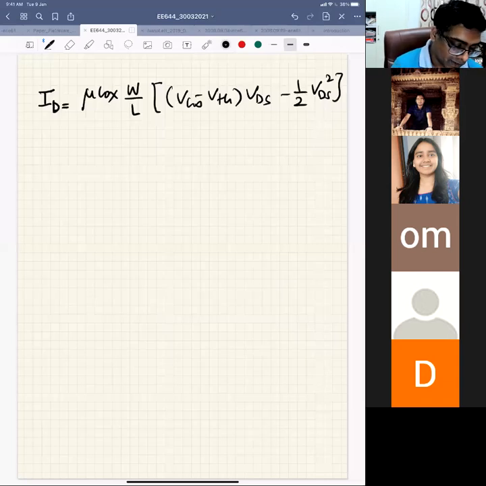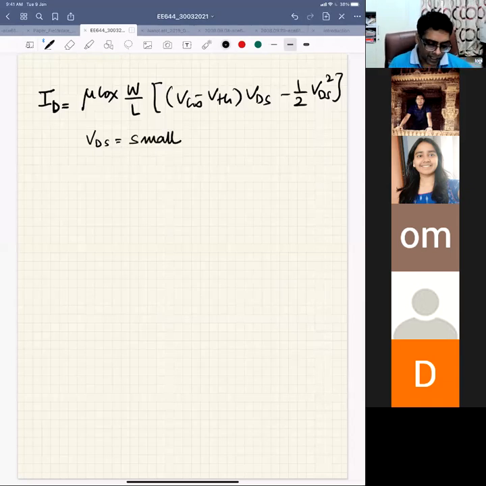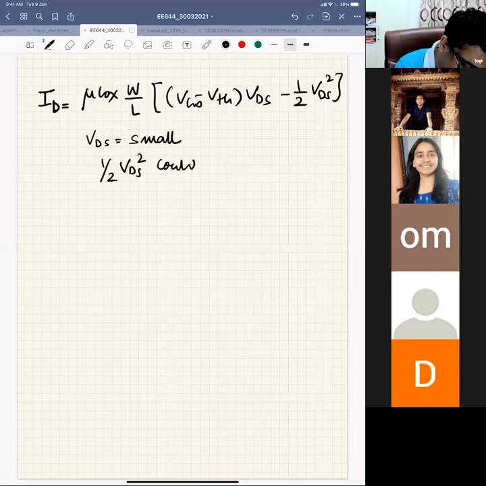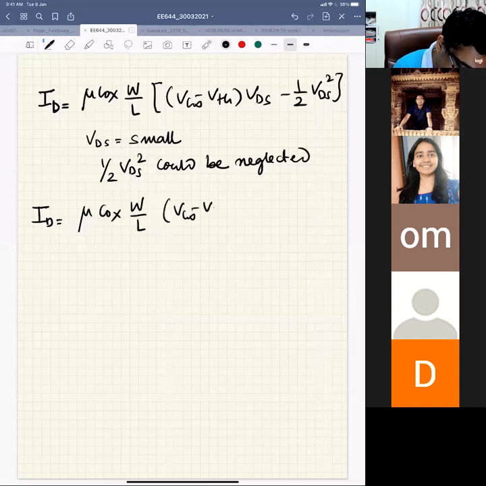When VDS is very small, I could neglect the half VDS square term. Then my drain current will be mu Cox W by L, VGS minus VTH, into VDS.